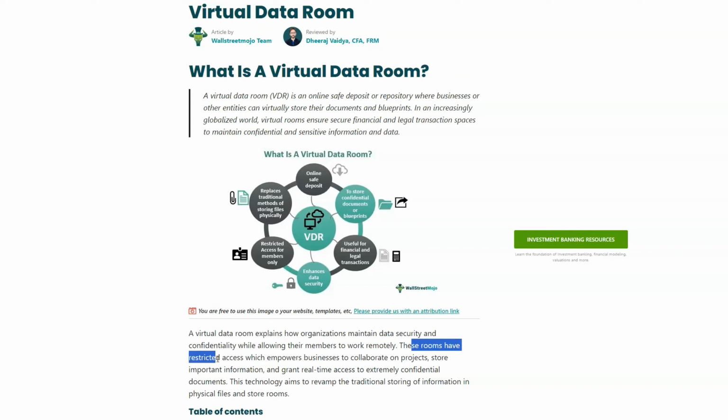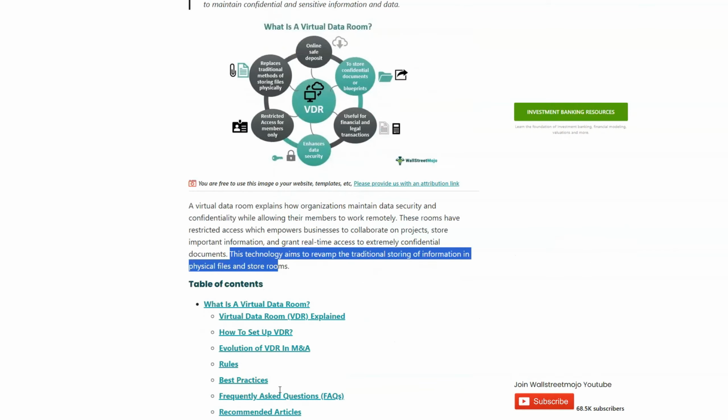Thus, rooms with restricted access empower businesses to collaborate on projects, store important information, and grant real-time access to extremely confidential documents. This technology aims to revamp the traditional storage of information in physical files and storerooms.